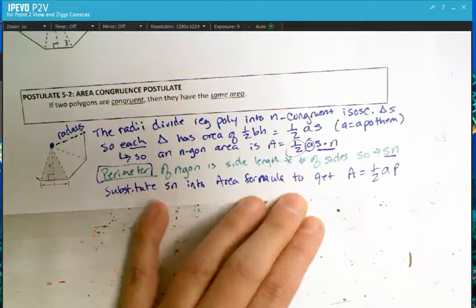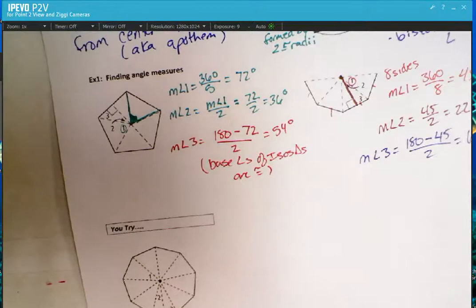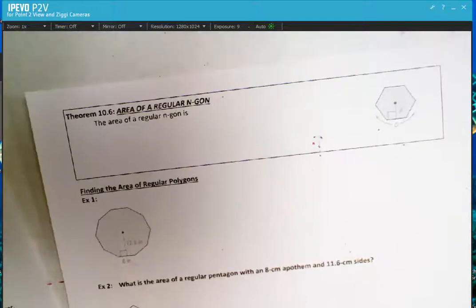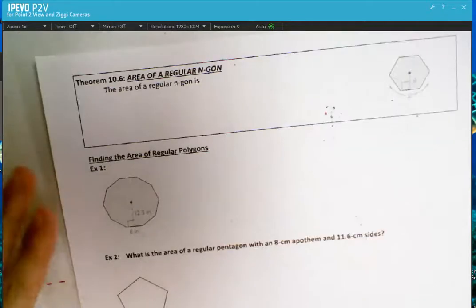So now that we've derived the formula, we're going to use the formula. Let's take a look, because it's easier to understand what's going on once we start applying this. The area of a regular n-gon, remember n just means drop in the number of sides, so 6-sided, 5-sided, 4-sided, 3-sided, and so forth.